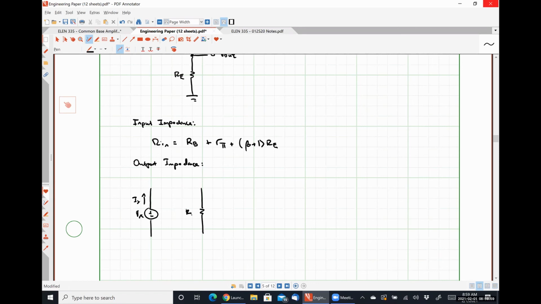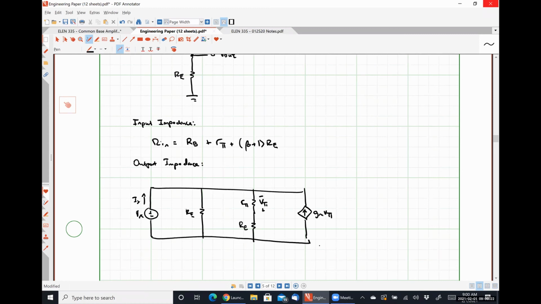So here we have RE. Here we'll have R pi plus minus V pi. Here we have RB. gm V pi.